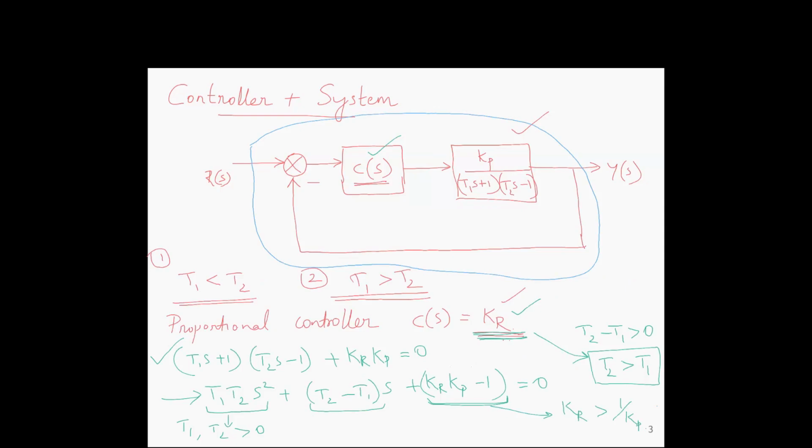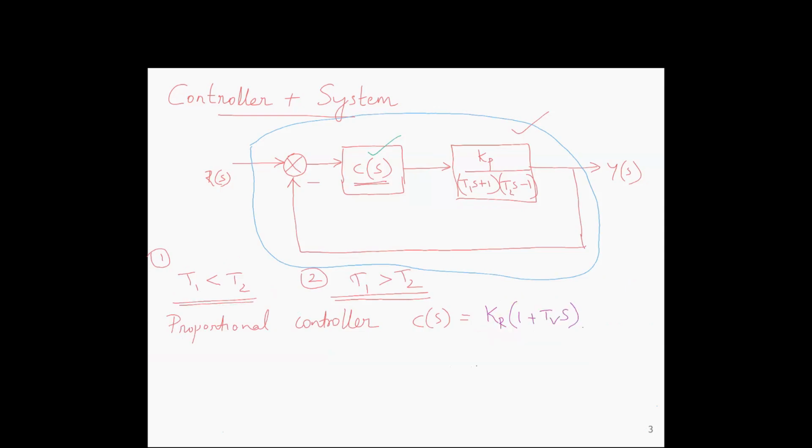So from these three different conditions, we get to know that T1 value should be less than T2. Whenever a proportional controller is used, T1 should be less than T2 so that the system is stable.